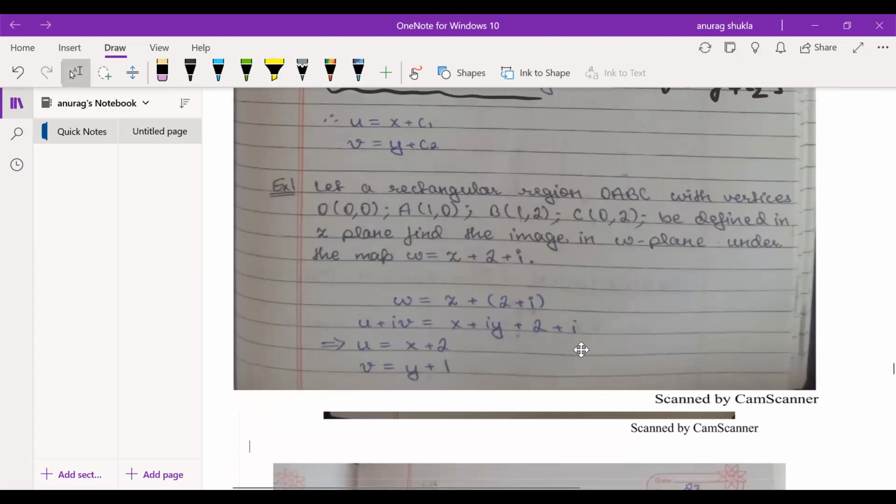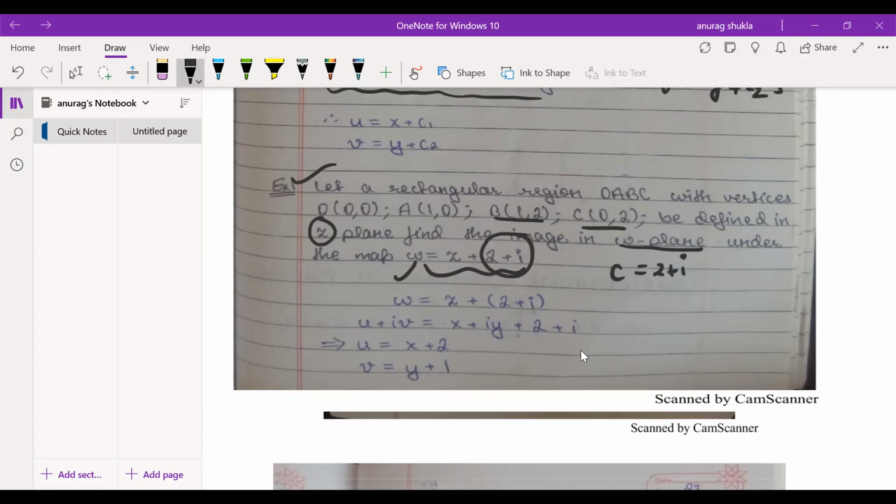Let's see one example. Let a rectangular region OABC with vertices O as the origin (0, 0), A as (1, 0), B as (1, 2), and C as (0, 2) be defined in the z plane, meaning the xy system. These four coordinates form a rectangle, and we want to see the image of this rectangle in the w plane, meaning the uv system, under the map w equal to z plus 2 plus i, where here c is actually 2 plus i.